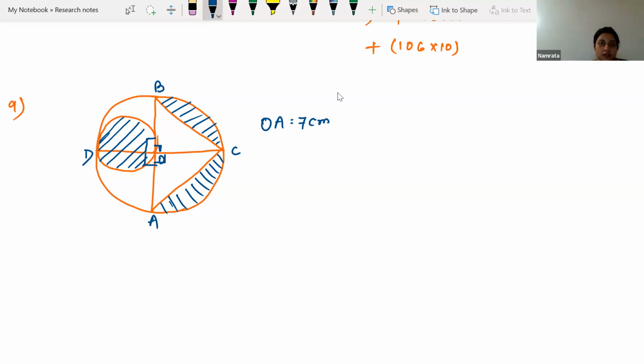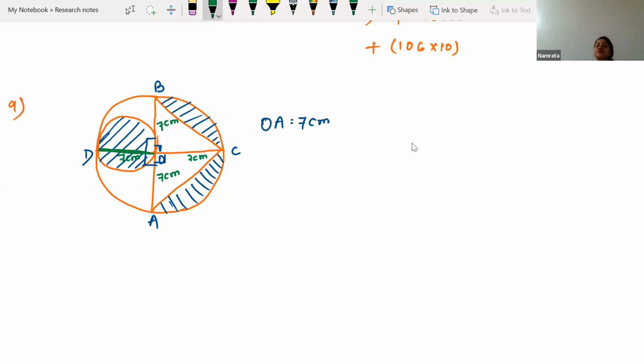Let me see where OA is. This OA is 7 centimeter. So if this much is 7 centimeter, we can say this much is also 7 centimeter because it's the radius of the circle, right? This total is also 7 centimeter.